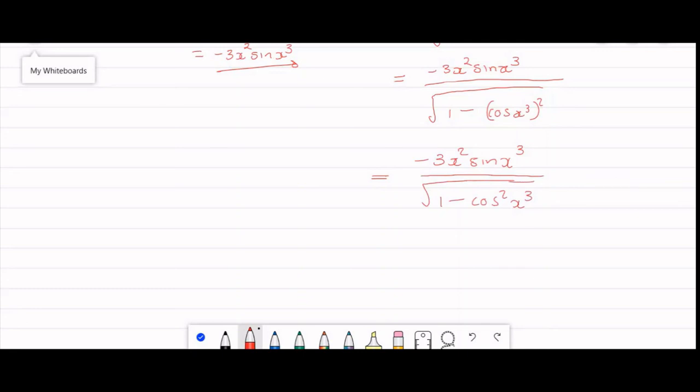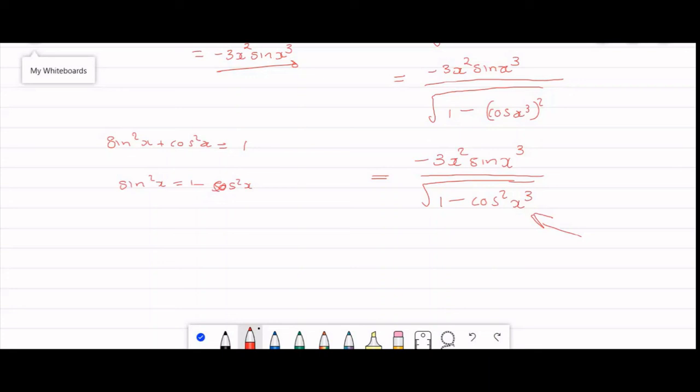So we can substitute this with an identity. Remember, when you're doing your trigonometry, we said sine squared x plus cos squared x equals 1. So therefore, if you make sine the subject of the formula, you will have sine squared x equals 1 minus cos squared x.